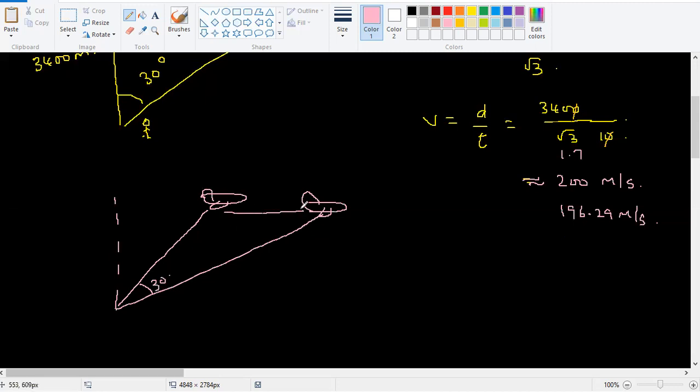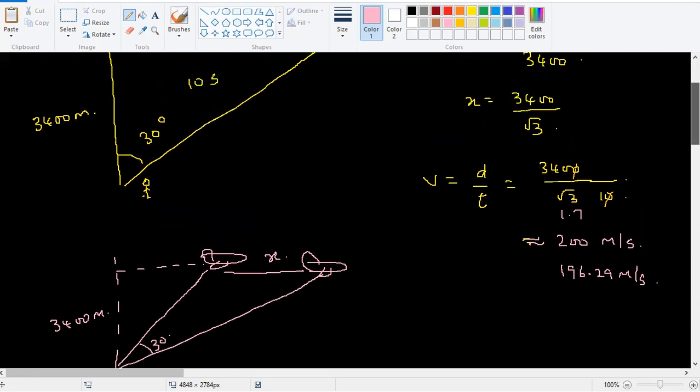In that case, I would have taken this as the distance x. But then this height is still known, 3,400 meters. In that case, I would say some of the information is missing here. H is small, but I couldn't have found this. Okay, for now, take it down. I will double check it.